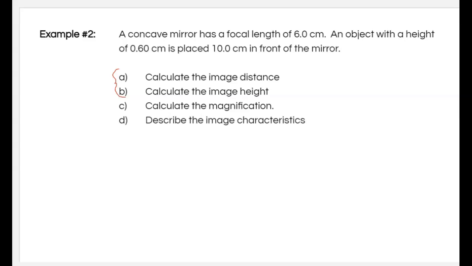And they're asking for the image distance, and they're asking for the image height. So go ahead and give those two components a try, and make sure that you're okay with those. We'll check them together before we move on to talking about C and D. So pause the video, attempt part A and part B, and then we'll take up those solutions together.